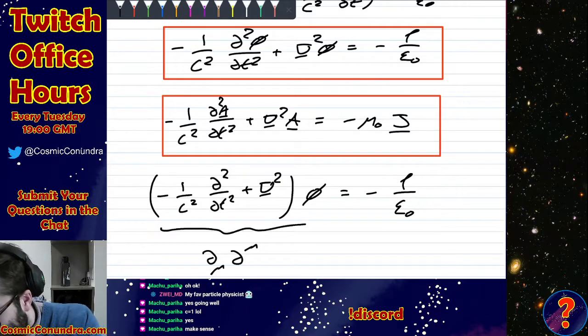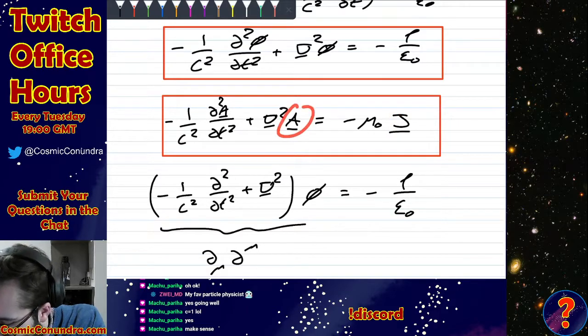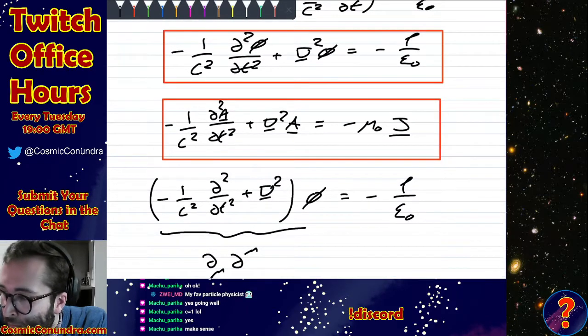And likewise, but perhaps even more obviously for A, because A is a 3D vector, not a 4D vector. If I do a Lorentz transformation on J, another 3D vector, or on A, a 3D vector, I won't get the same sort of form that I did before.